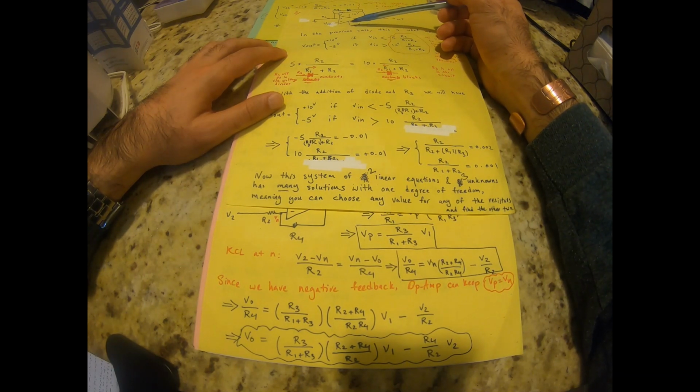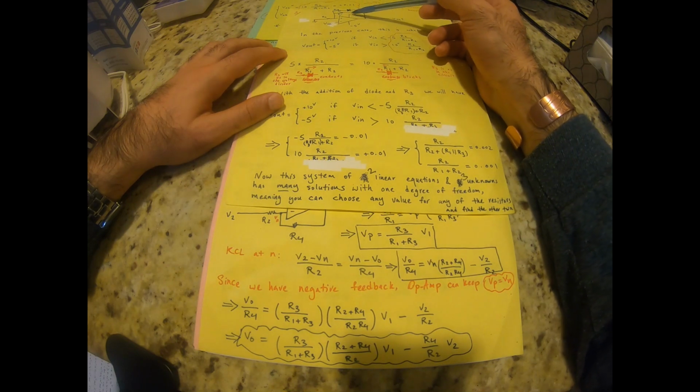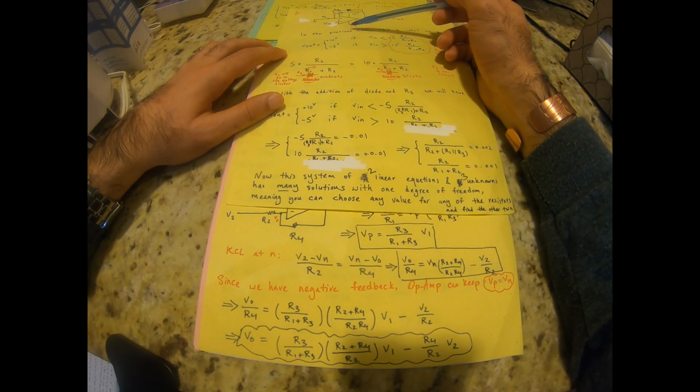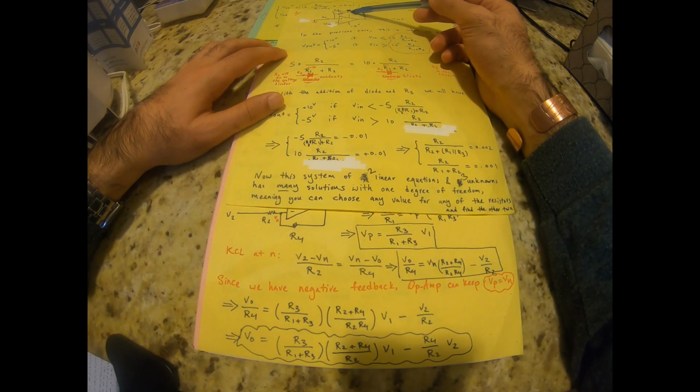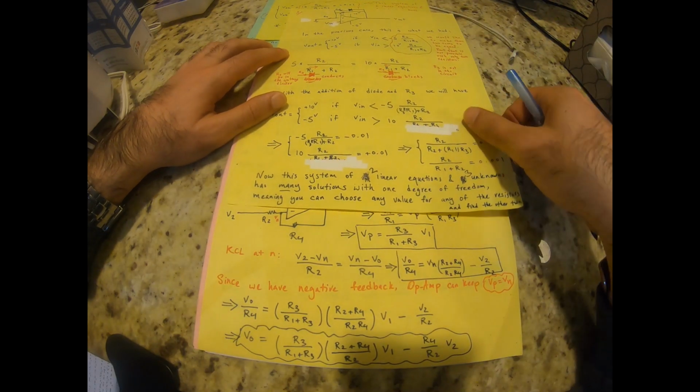You have to make sure to choose the right direction for the diode. If, for example, this was 5 volt and negative 10 volt, then you could have switched the diode the other way. You actually should have.